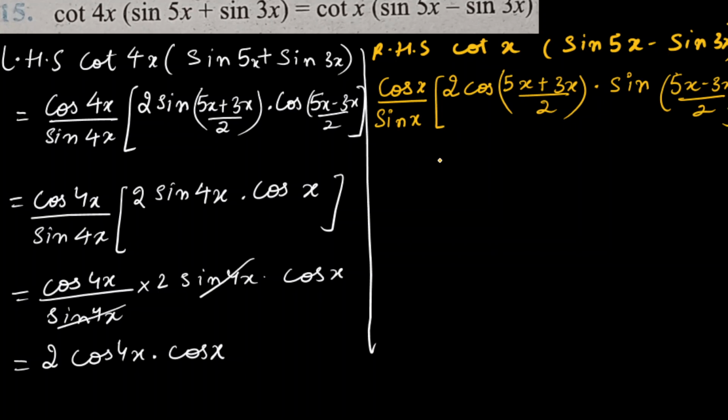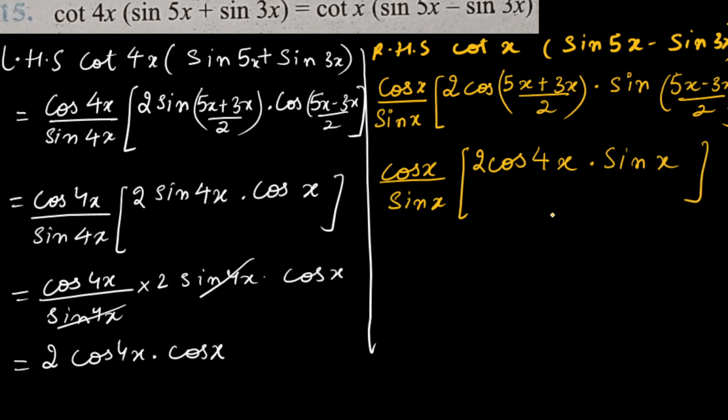Now let's simplify it. Cos x by sin x, then 2 cos: 5 plus 3 is 8, 8 by 2 is 4, so 2 cos 4x into sin: 5 minus 3 is 2, 2 by 2 is x only. Now if you open the bracket, it is cos x by sin x into 2 cos 4x into sin x.